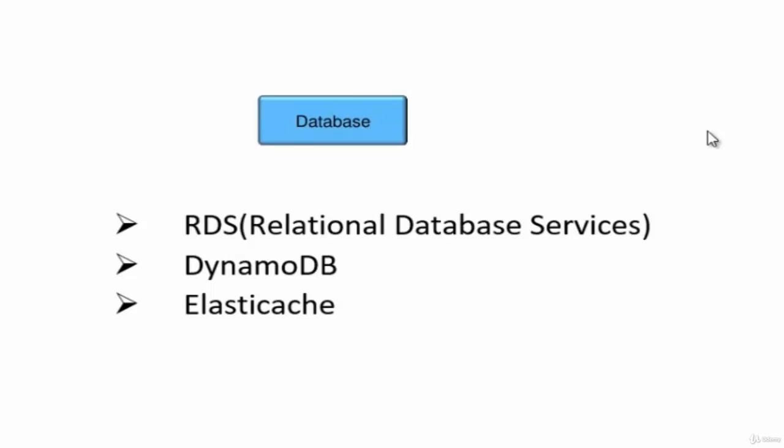Now the second component is DynamoDB. Amazon DynamoDB is a fast and flexible NoSQL database service for all applications that need consistent single-digit millisecond latency at any scale. It is a fully managed cloud database and supports both document and key-value store models.